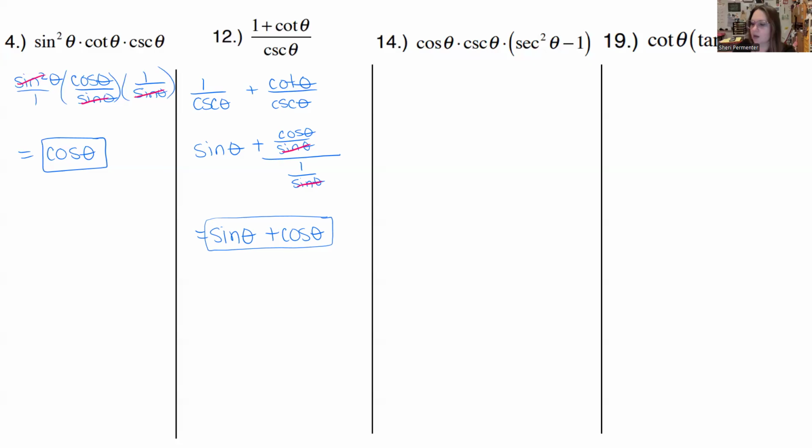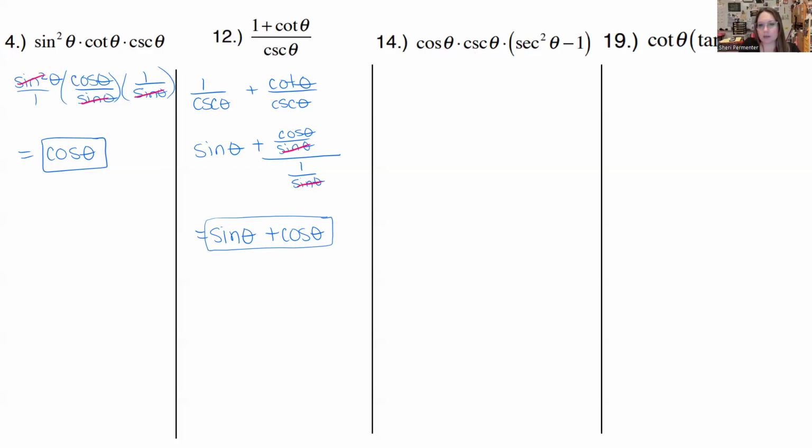I'm gonna do it. From here, these I don't know what to do with, so I'm gonna rewrite them in terms of sine and cosine. What about this? I have a 1 and I have something squared. Is that an identity? What is it? What's secant squared minus 1?